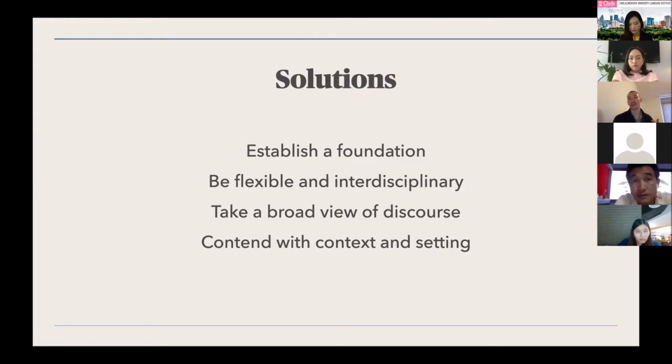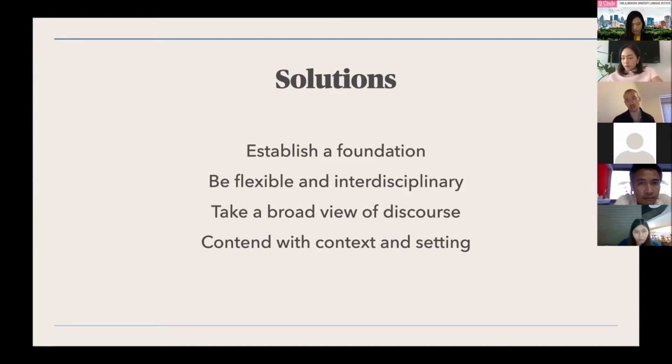Okay, again, if you are a researcher or a PhD student or an MA student, if you're asking yourself, how can I make a contribution to the literature? These are some of the things that you can do, right? Establish a foundation, be flexible and interdisciplinary, take a broad view of discourse. And I think, again, this is not unique to classroom discourse research.